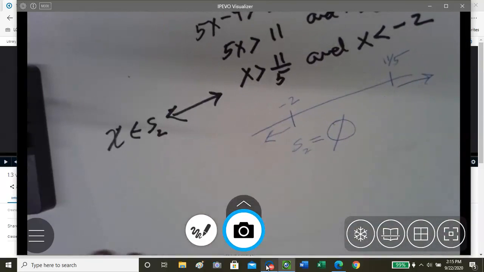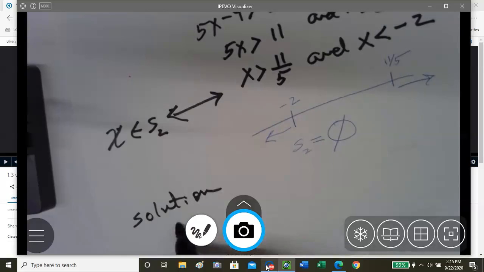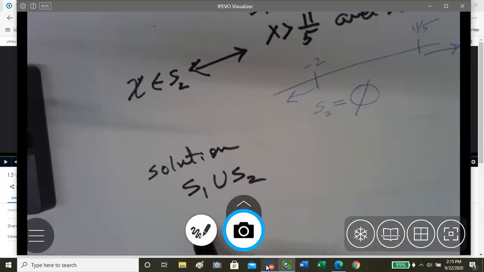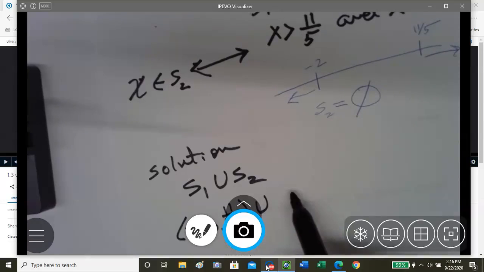And since the solution is S1 union S2, well, S1 we said is the interval from negative 2 to 11/5, and S2 is an empty set.